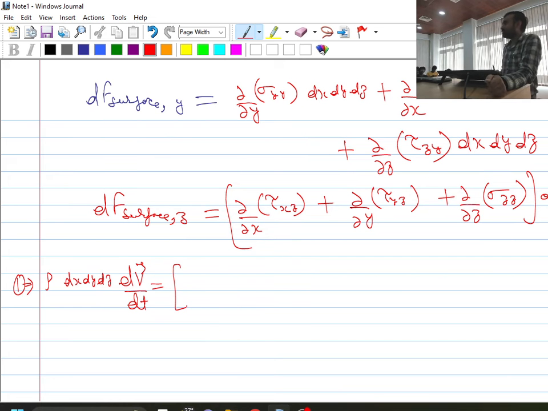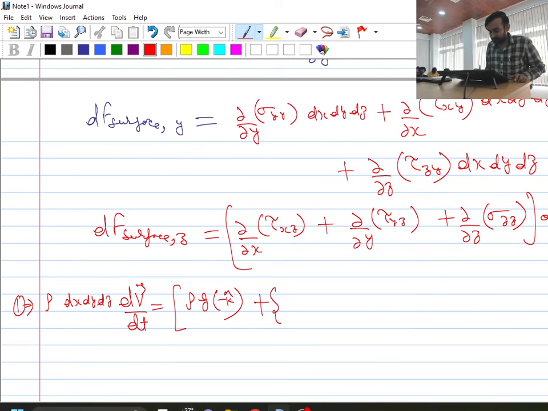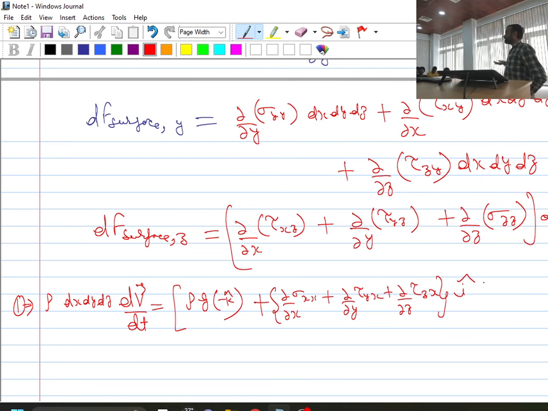It will be equal to the first body force, rho g, and I will write dx dy dz at the end only, so rho g times minus k cap, plus the force in the x direction, the surface force, which is del by del x of sigma xx plus del by del y of tau yx plus del by del z of tau zx, and this will be times i cap because this is a vector equation.